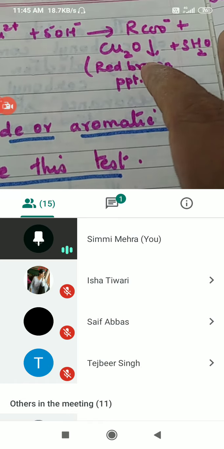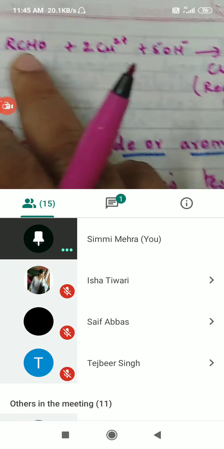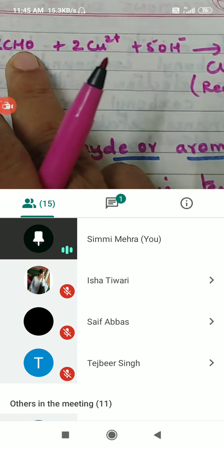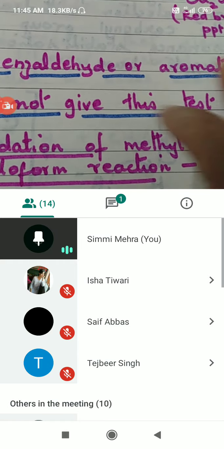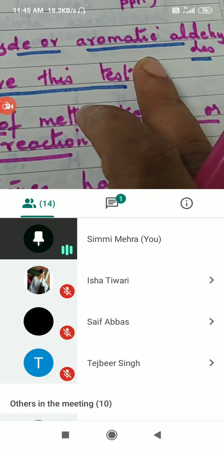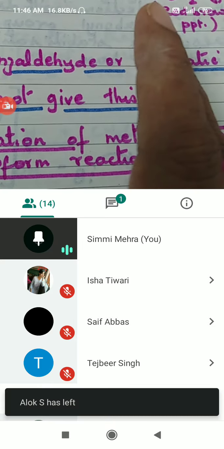Okay, so in case any aldehyde is given to you to complete the reaction, you can comfortably write down, because CHO will change to COO minus and the alkyl group will be retained. Then this line is very, very important. Benzaldehyde or aromatic aldehydes do not react with Fehling's solution.